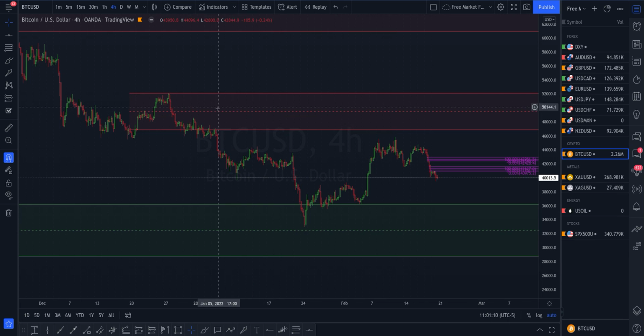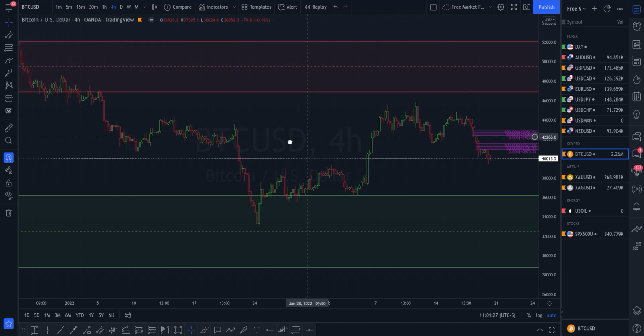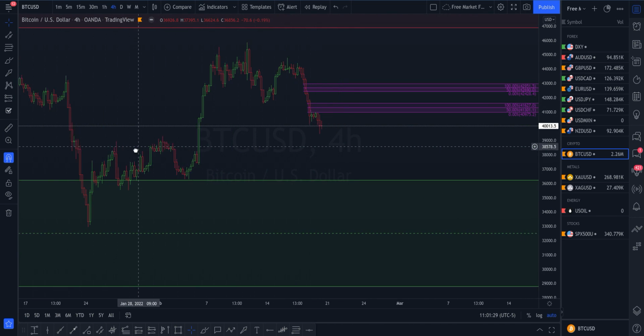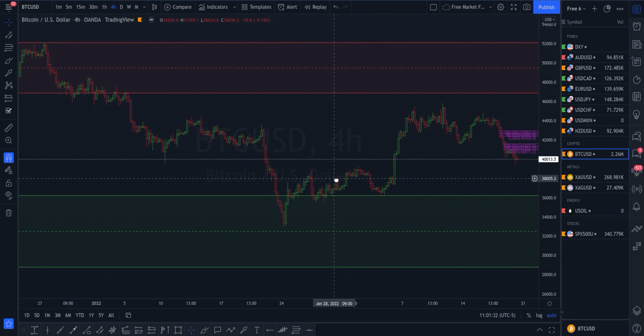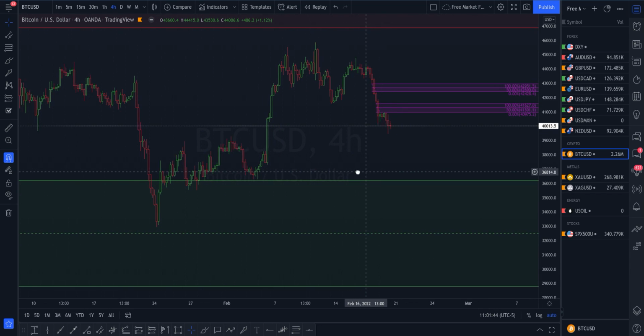And we're sitting off of institutional demand here. That has been mitigated. That high was broken. This low was broken. This low was broken. We are definitely going lower.